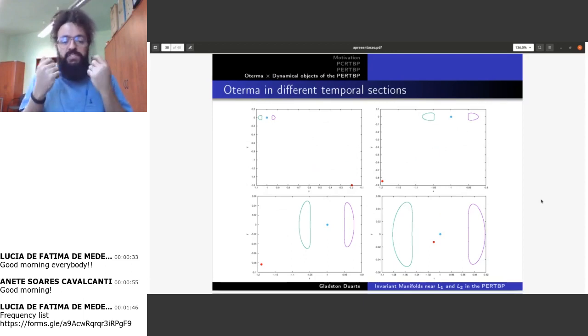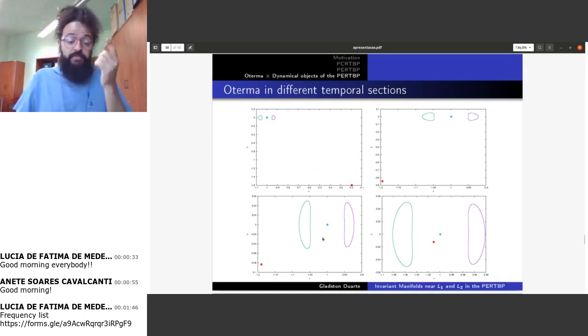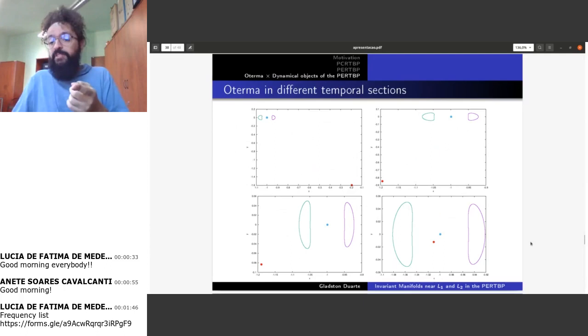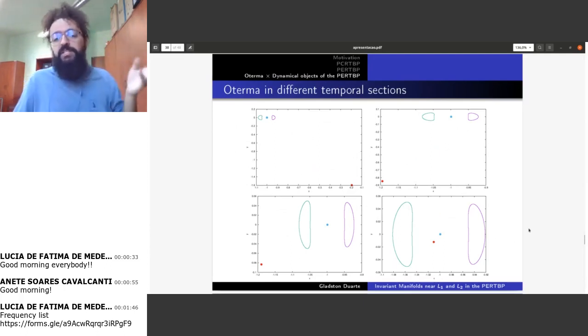We cannot see anything more than this discrete set of points. Whenever I go to 2 pi, Oterma is already here. The transition is behind. We cannot see it anymore.